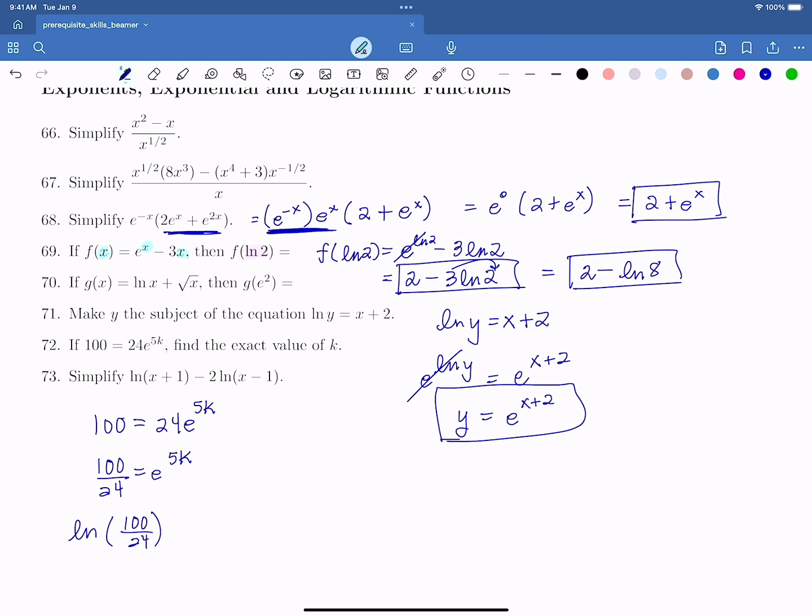It's 50 over 12, or 25 over 6. ln of 25 over 6 equals the natural log of e to the power 5k. So we have this property of logs as well. That's going to cancel out and say ln of 25 over 6 equals 5 times k. I'm solving for k, so I divide both sides by 5. Dividing both sides by 5 is the same as multiplying by 1/5. 1/5 ln 25 over 6 equals k.